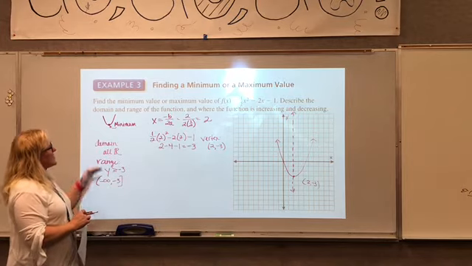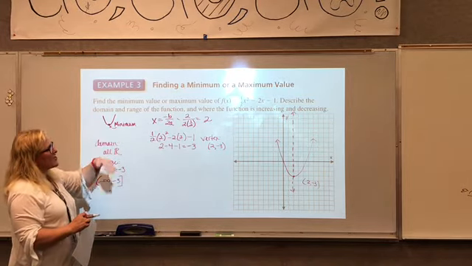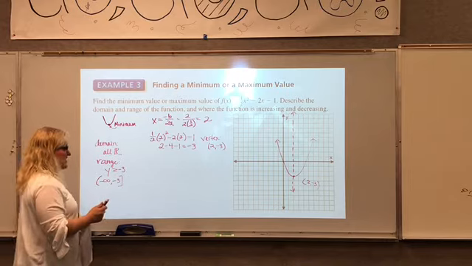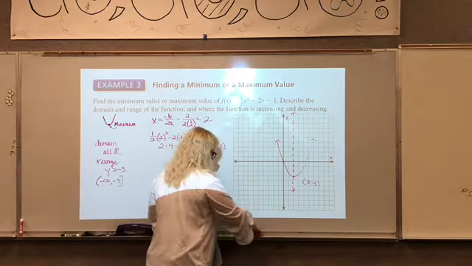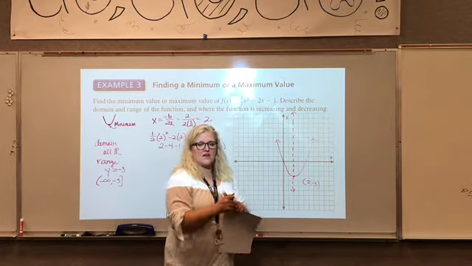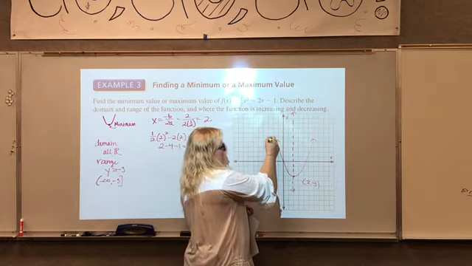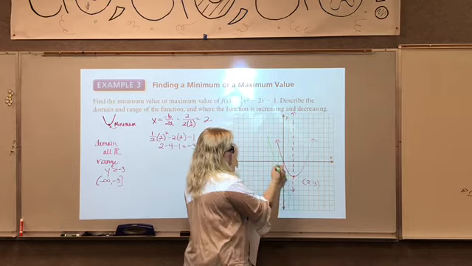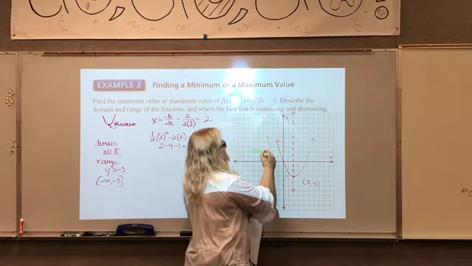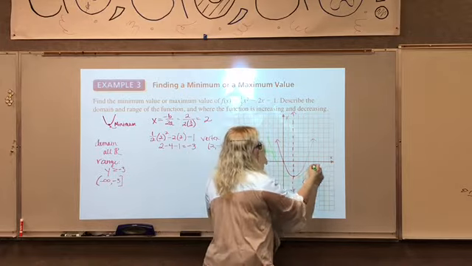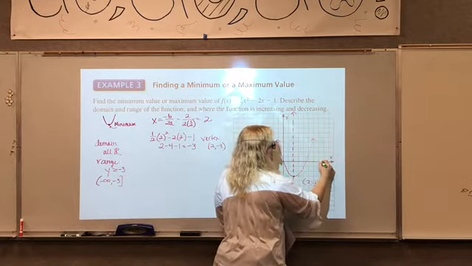All right, the last thing is to find out where the function is increasing and where it's decreasing. So if this were a part of a roller coaster, okay, this part right here is decreasing. This is when we're coming down. You probably can't see this very well. Okay, and this is where we're increasing.